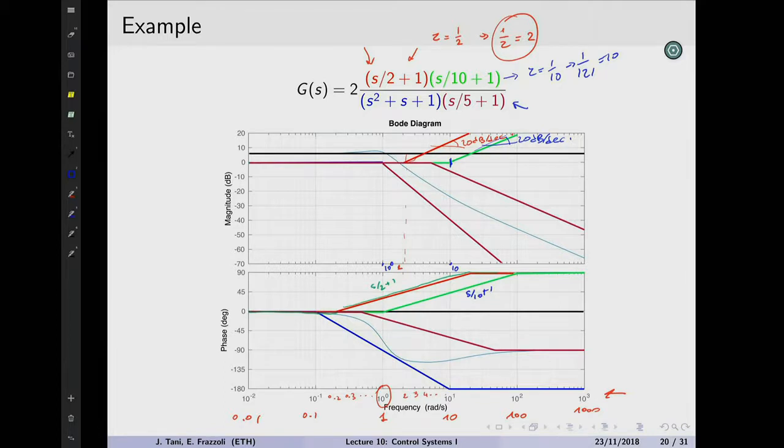So you see, here is 1 decade above the breakout frequency. The breakout frequency for this term is, we said, 10. So 1 decade above is 100. So from here on, you've got 90 degrees. From 1 decade before, you've got 0. In the middle, you just connect with a line. Okay? Now, don't worry about the rest.